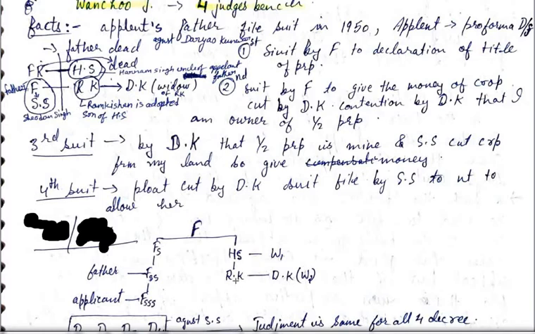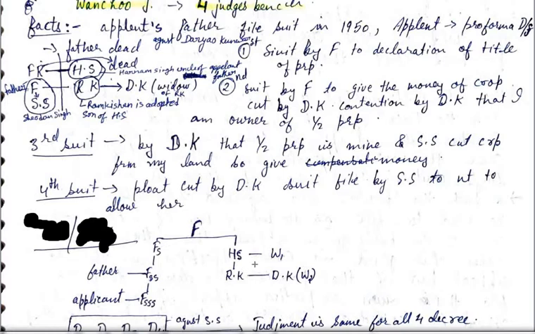and DK, Darya Kumar, is the widow of Ramkishan. In the suits filed by FSS, after FSS died, this person is the party. There are two suits filed by them against W1.